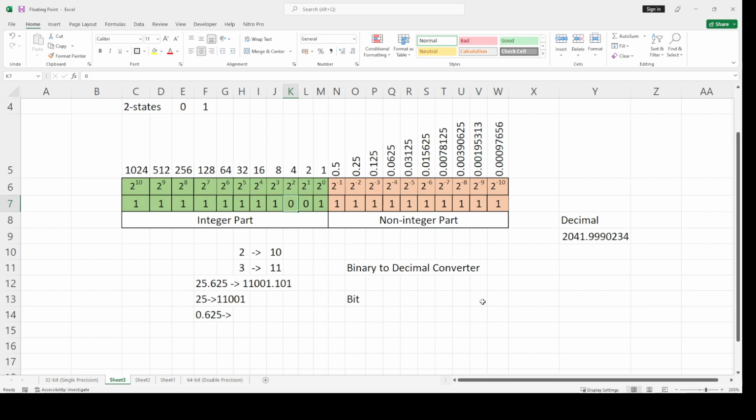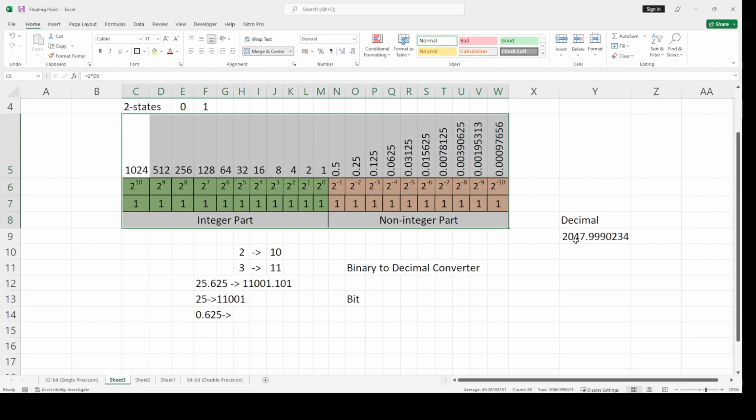Sorry. I forgot to turn this on. So this is the maximum number that we can input here, so that this spreadsheet can comprehend.